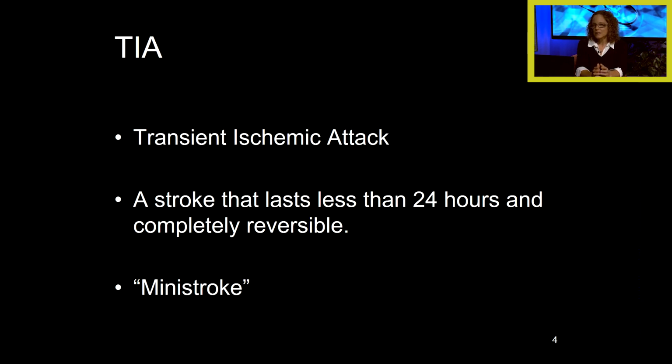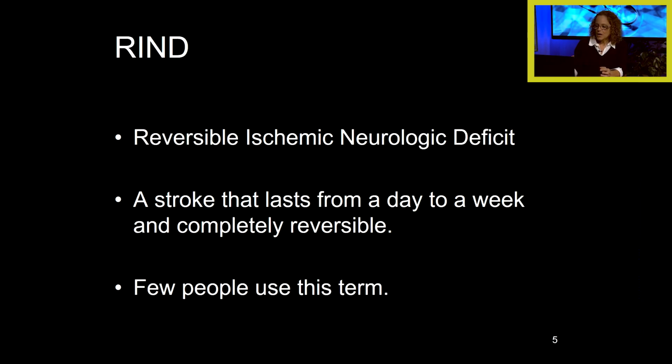A transient ischemic attack is a stroke that lasts less than 24 hours and is completely reversible. You'll also hear this referred to as a mini stroke. The RIND type of stroke is a reversible ischemic neurologic deficit.